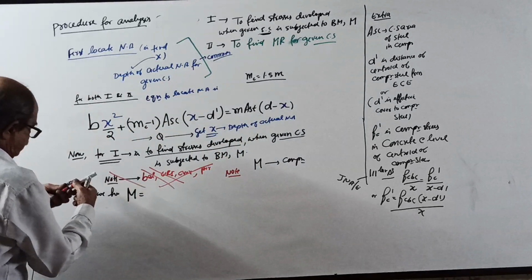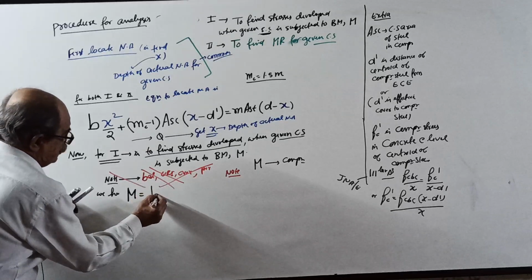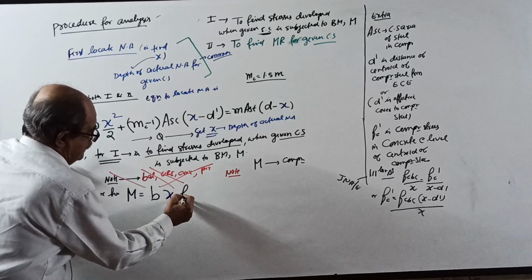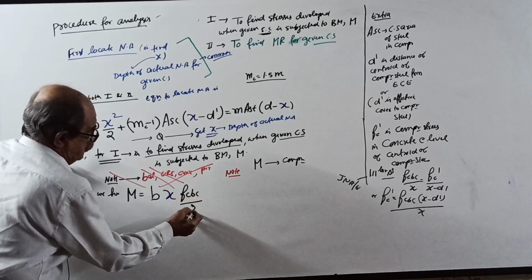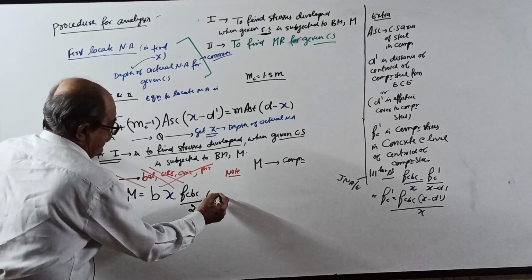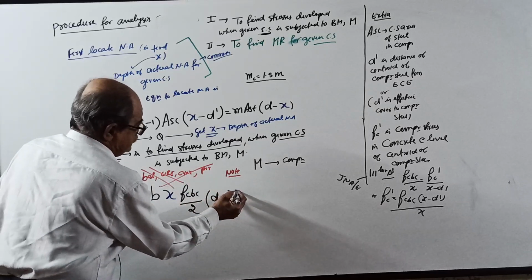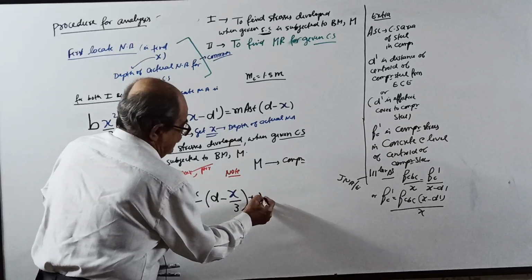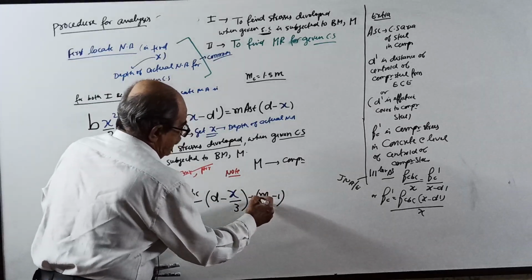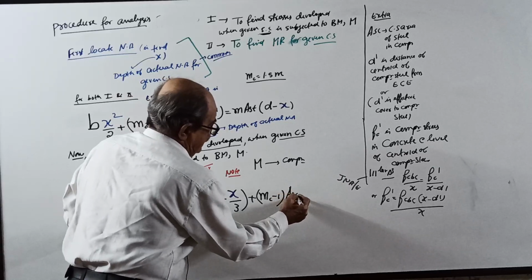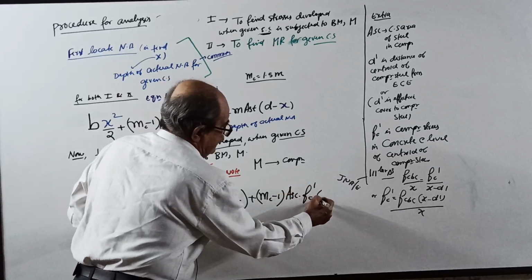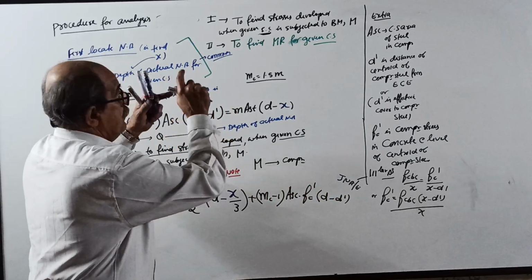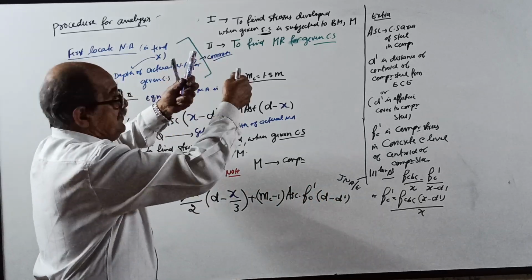The equation is, we have M equal to B into X into FCBC by 2 into bracket D minus X by 3, plus extra terms: MC minus 1 into ASC into FC dash into D minus D dash. That is, MC minus 1 into ASC equivalent area, FC dash force into arm.